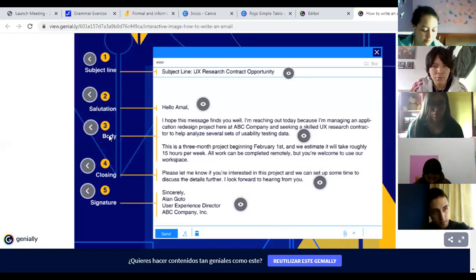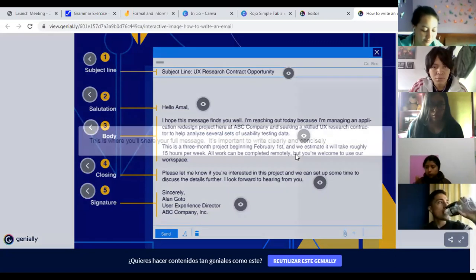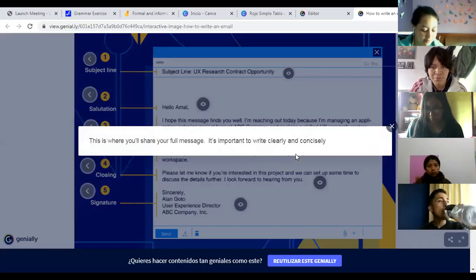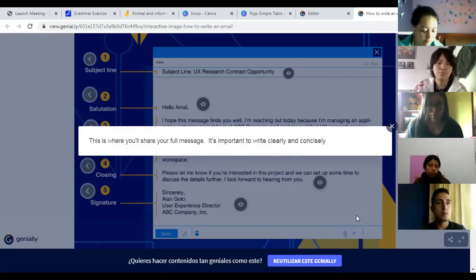Then we have the body. Diana Bonilla, help me reading, please, girl. This is where you share your message. It's important to write clearly and concisely. Concisely, yes, thank you.